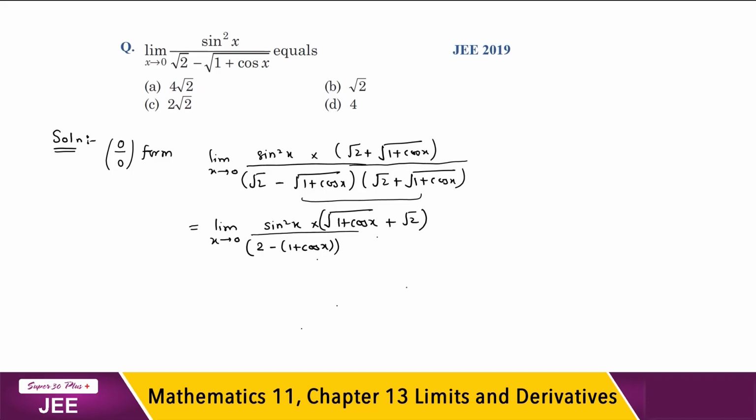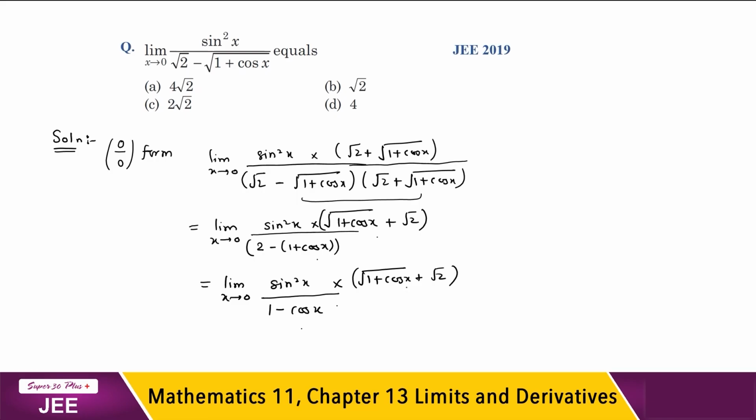Alright, now 2 minus (1 plus cos x) becomes 1 minus cos x. So we can write limit x tending to 0, sine square x divided by 1 minus cos x, multiplied by root over 1 plus cos x plus root 2.